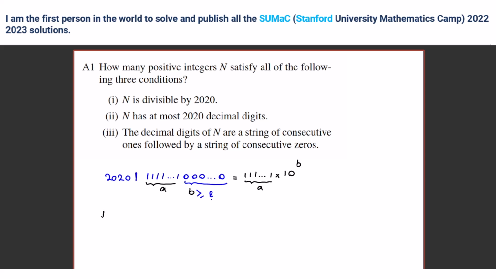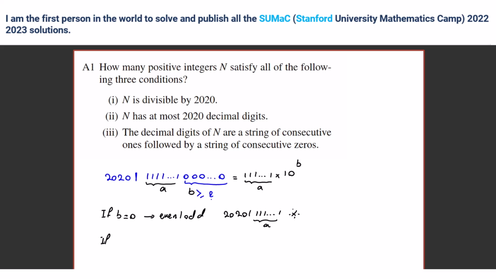If B is 0, then what's the problem? It can't be, because A cannot be a multiple of 20. Because A is odd, right? Then an even number divides an odd number, and that's not possible. Because 20 then divides this number of ones, and that's a contradiction.